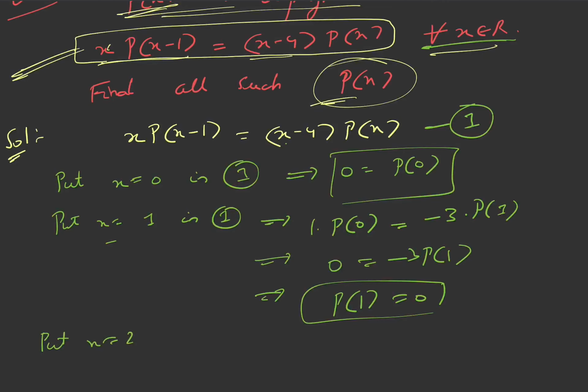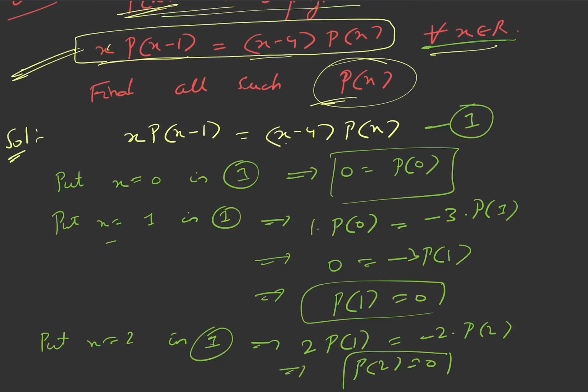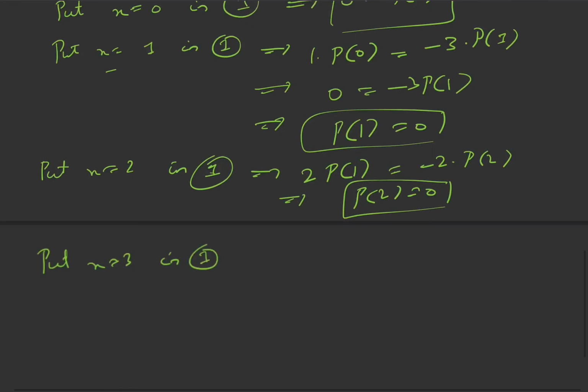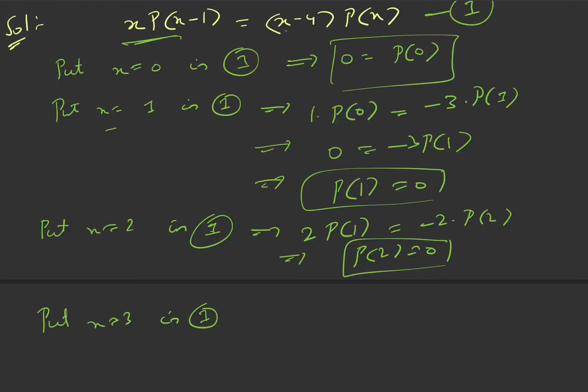Fine. Now let us put x is equal to 2 in equation 1. So this will give you 2 into p of 1 is equal to minus 2 into p of 2. So this will give you p of 2 as 0 because p of 1 is also 0. Now you put x is equal to 3 in equation 1. So if you put x is equal to 3 here, you will get 3 into p of 2 is equal to minus 1 into p of 4.